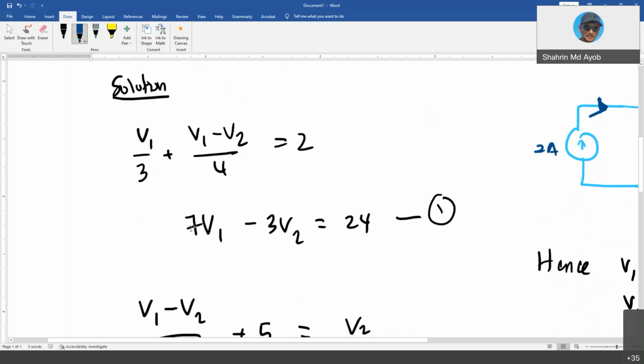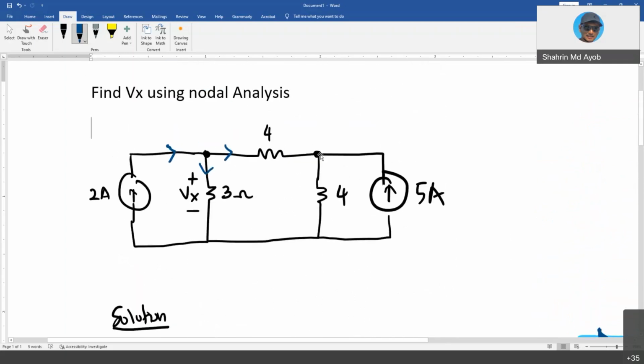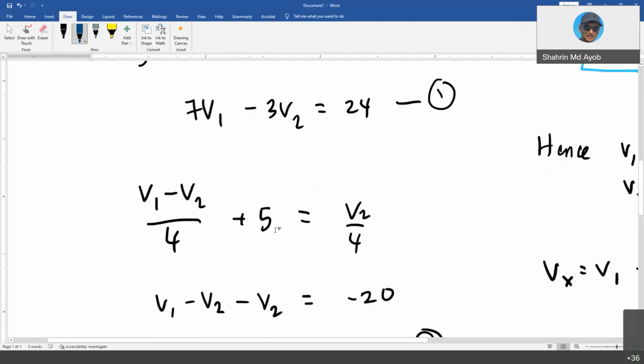The same thing happens at V2. Right now at V2, you have two currents going into V2 and one current going out from V2. So the KCL at node V2 is V1 minus V2 over 4 ohms plus 5 amperes, which is the current source, and this equals the one current output, which is V2 over 4.